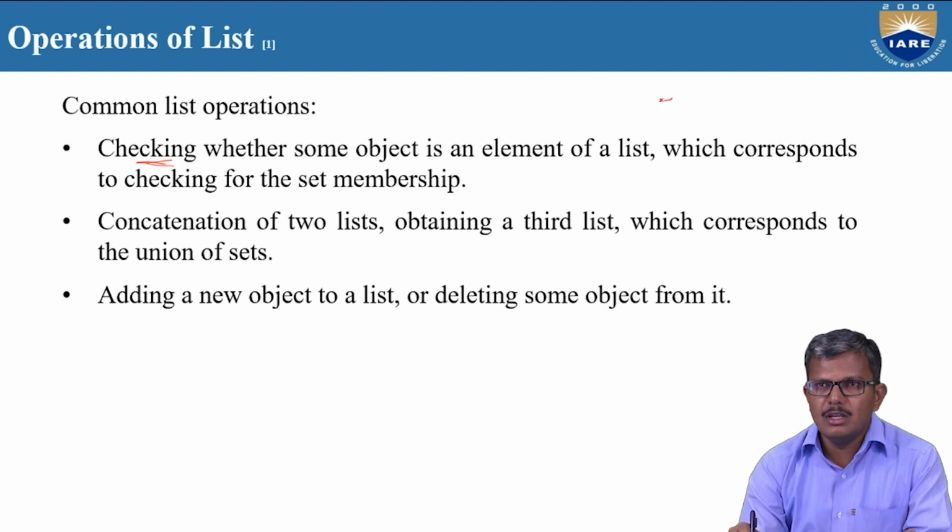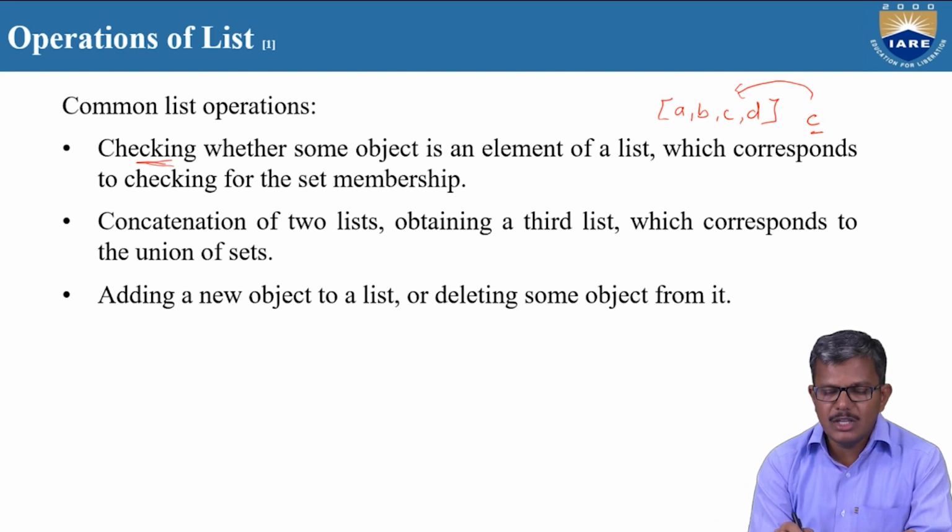For example, you see we have created one particular list like A, B, C, D, and this is the list, and we are trying to search for C. So checking whether some object is an element of the list, what does it mean? It means checking whether this C item is part of this particular list or not.